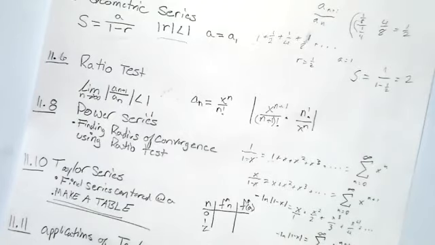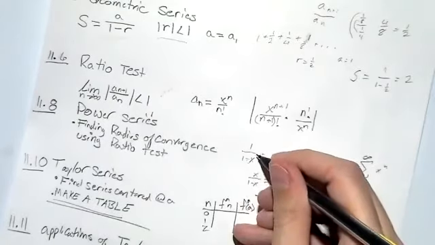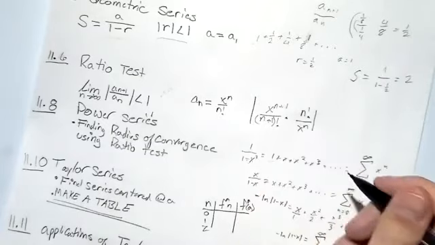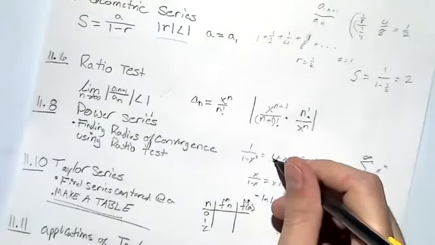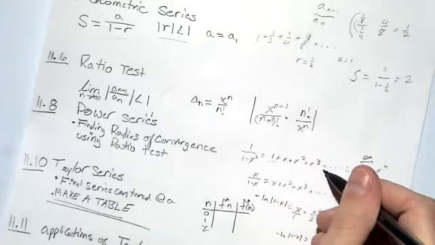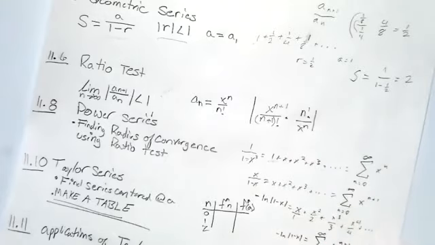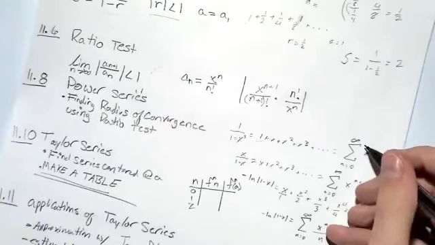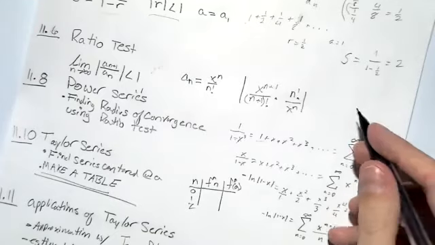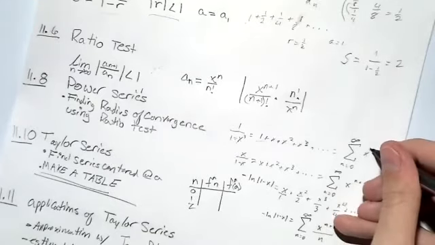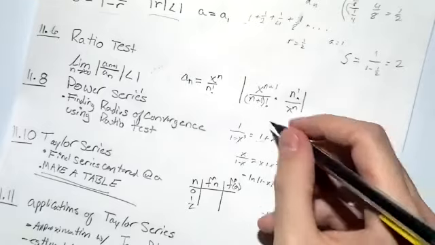Another way you can manipulate it is changing this x for x cubed. You would replace every x in here with x cubed. Or if you're looking at the series directly, you would just replace every x with x cubed, so it would be x to the 3n.